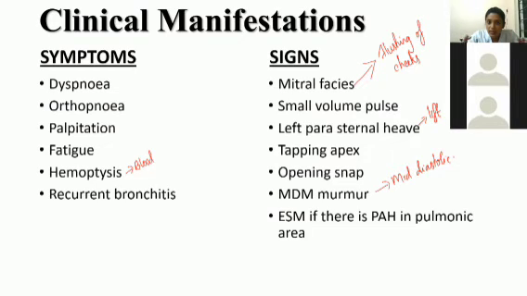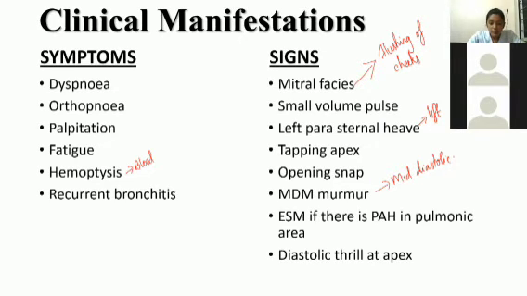During this, in the pulmonic area, that means the second intercostal space on the left side, we will be hearing this ejection systolic murmur.